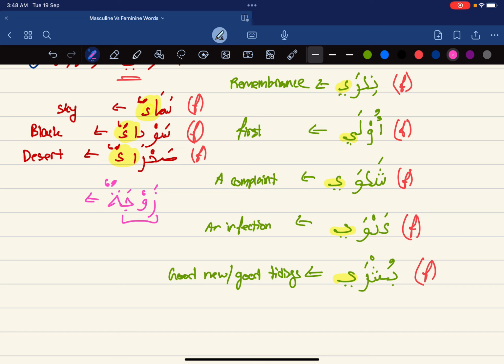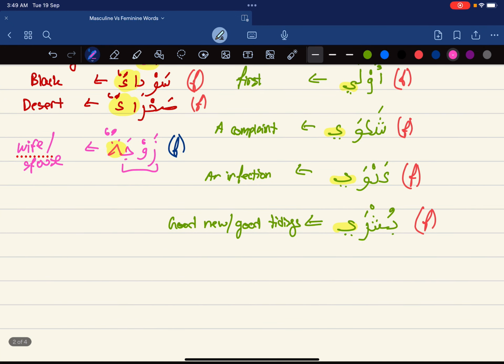So the definition of the word indicates a feminine, so that makes the word 100% feminine. Plus it ends with a ta marbuta, so that makes a double feminine, right? The word زوج, by the way, means wife or spouse, and so it is a feminine word.